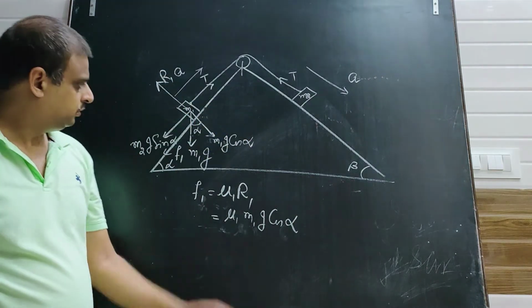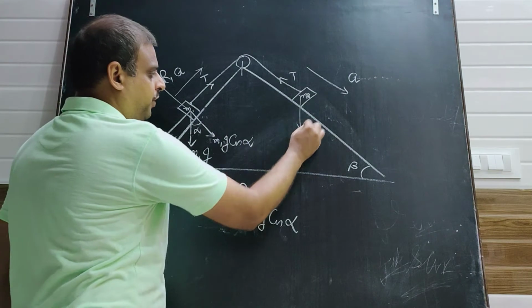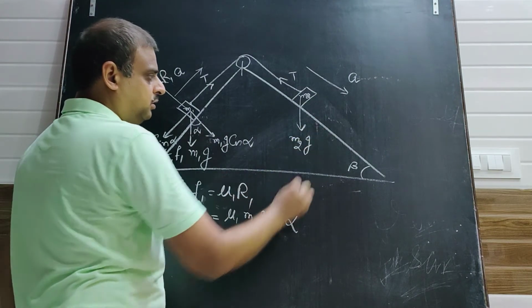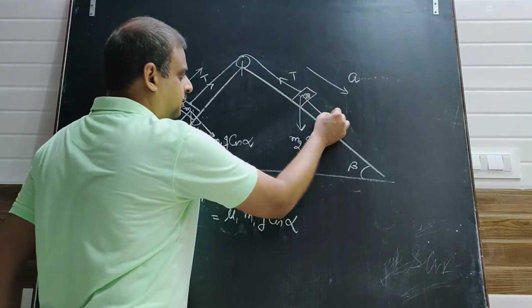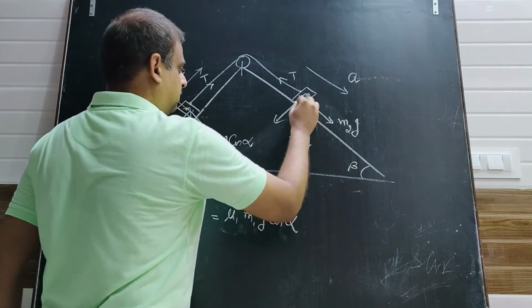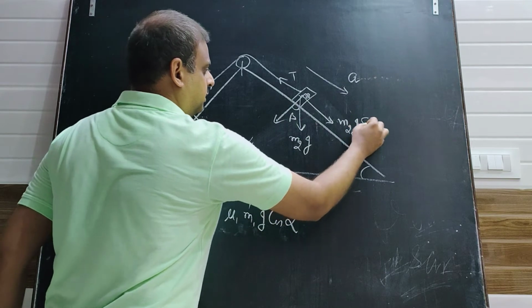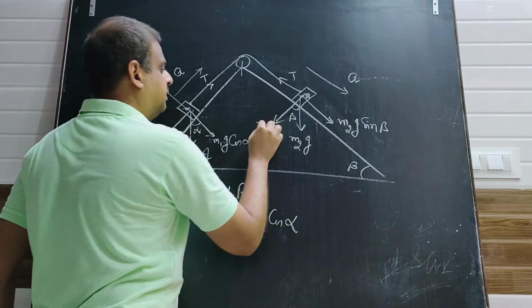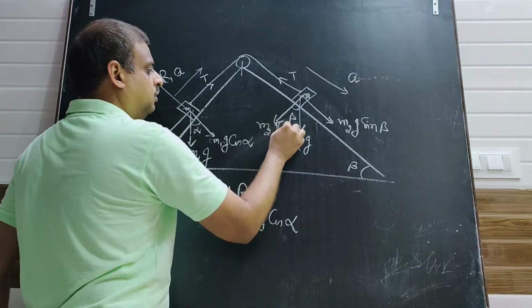Similarly, this weight m2g downward, this angle is beta, then this is m2g sin beta, and this is m2g cos beta.